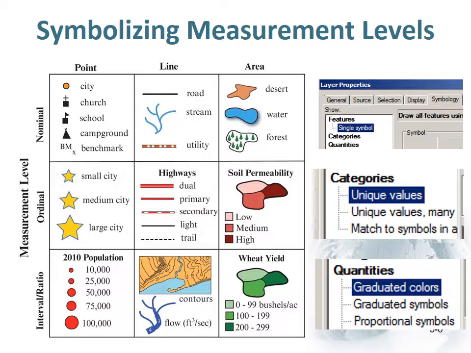The contours are showing an equal interval of elevation change across space, with each successive line getting higher and higher up on the landscape, up towards ridges and mountaintops. The other symbol that's being shown there is flow, so we're using the size of the line to indicate the rate of flow in the river.